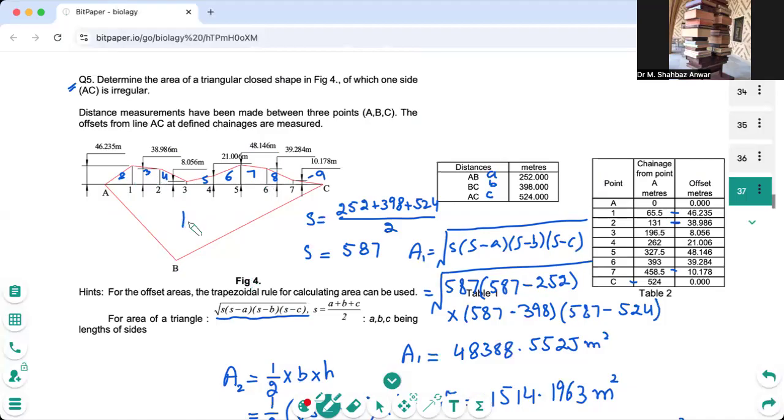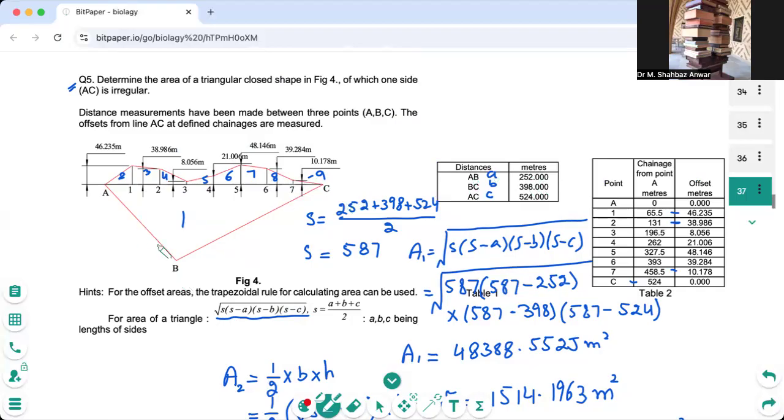For example, structure number 1 is our triangle, and structure 2 is a right angle triangle. Then structures 3 to 8 are trapezia, and structure number 9 is again a right angle triangle.